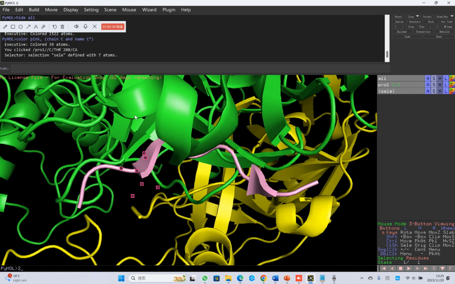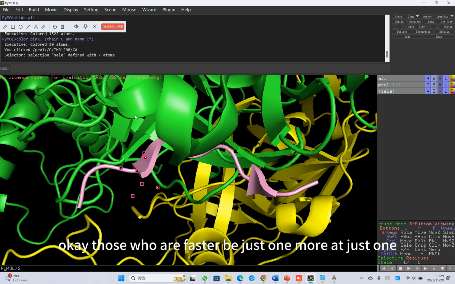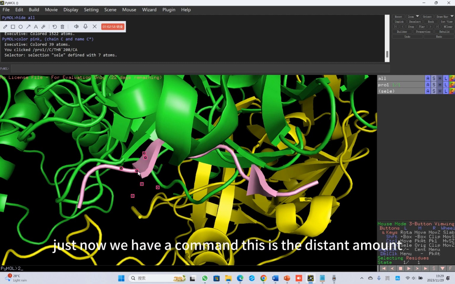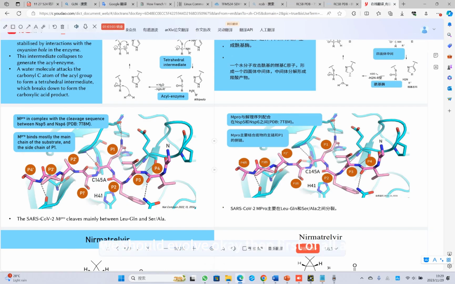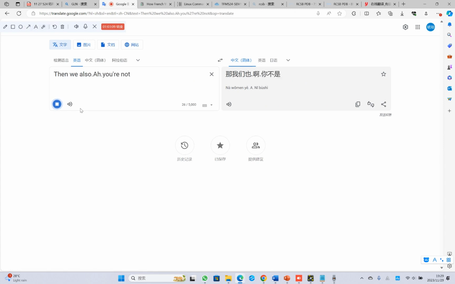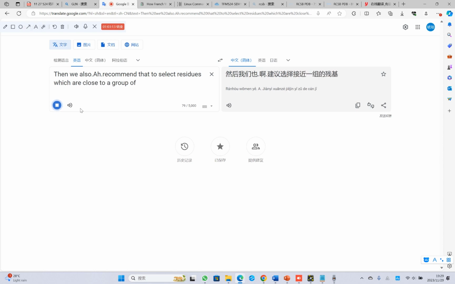Show sticks. Okay, those who are fast, we have just one more extra command. Look at the command we have just now, distance; the distance command will show the ball. Then you have a command to select residues which are close to a group of residues.